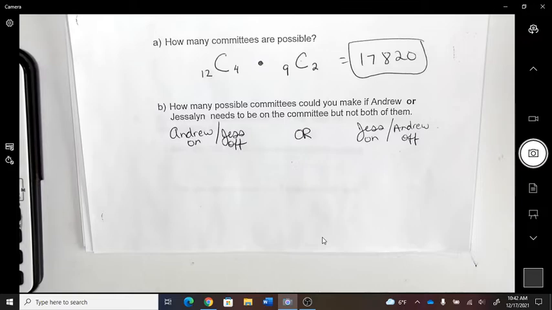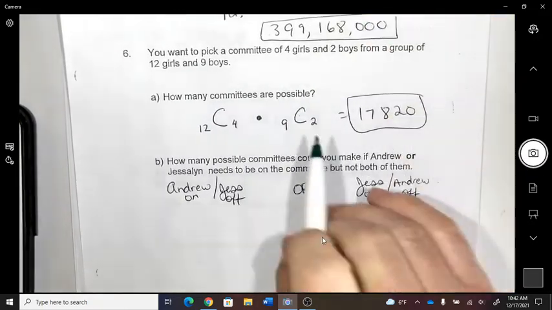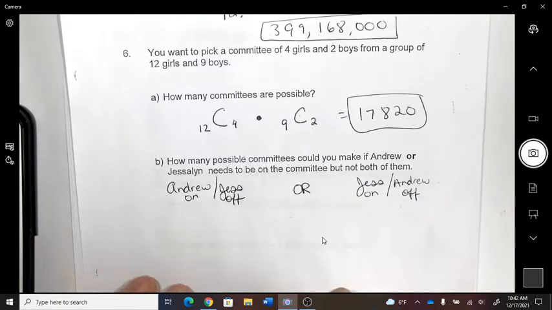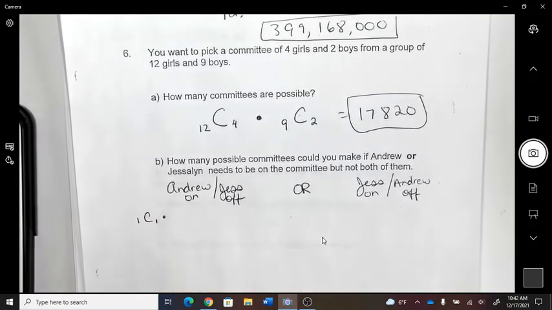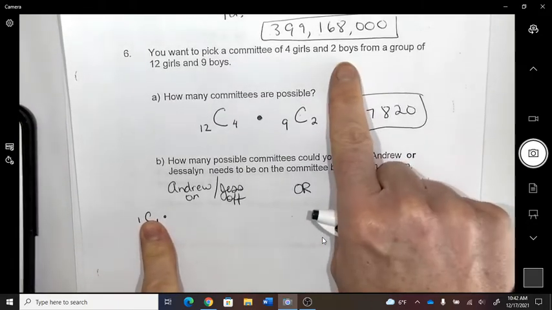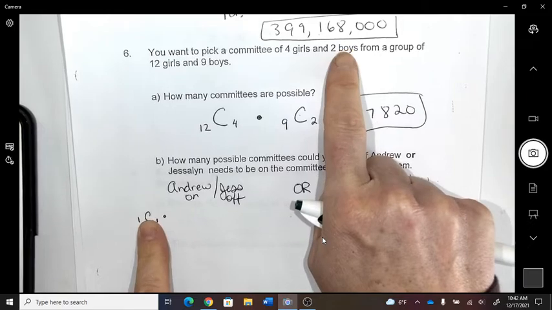Okay. So we have to use our criteria still with all of 4, 2. Okay, so if Andrew's on, you don't really need to write this, but I will show you that Andrew is on there. Okay, that's a boy, so I need one more boy.